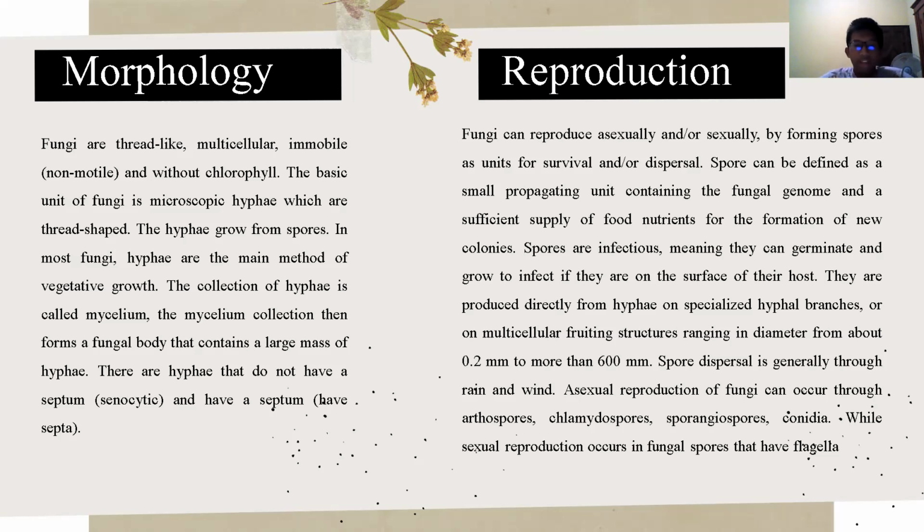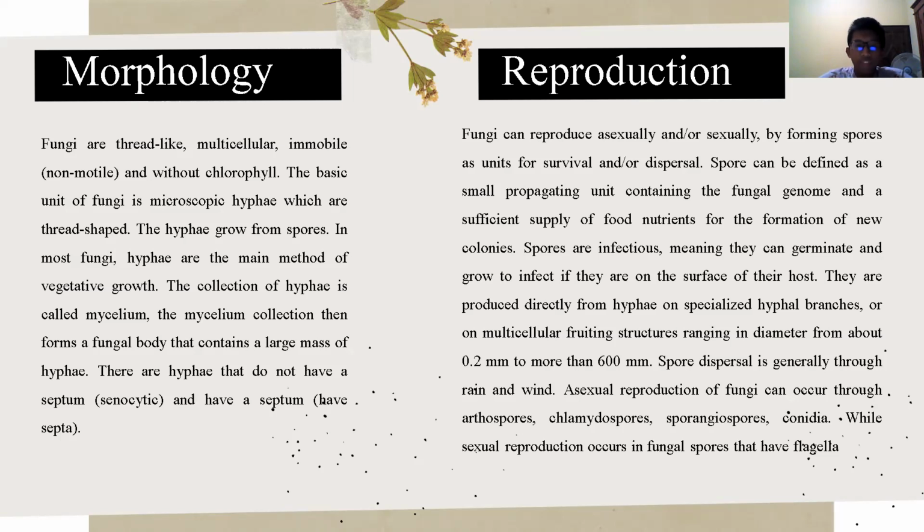Reproduction. Fungi can reproduce asexually or sexually by forming spores as a unit for survival or dispersal. A spore can be defined as a small propagating unit containing the fungal genome and a sufficient supply of food nutrition for the formation of a new colony.